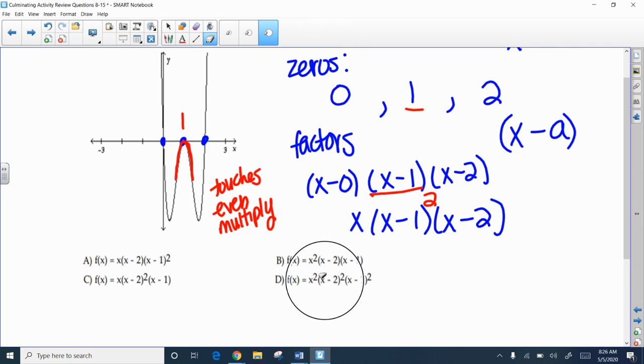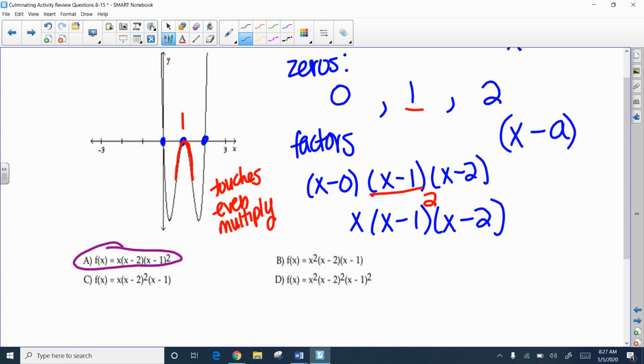The other ones are just crossing through, so they're just behaving like a line, so there's just one of those. So let's look at our choices. So x, x minus 2, x minus 1 squared. It looks like our correct choice is A.